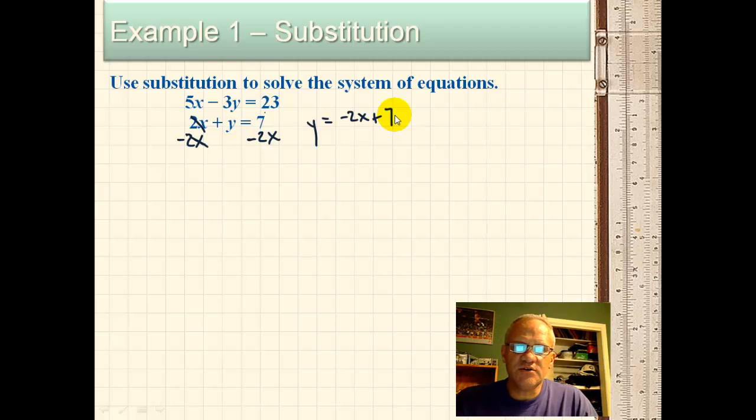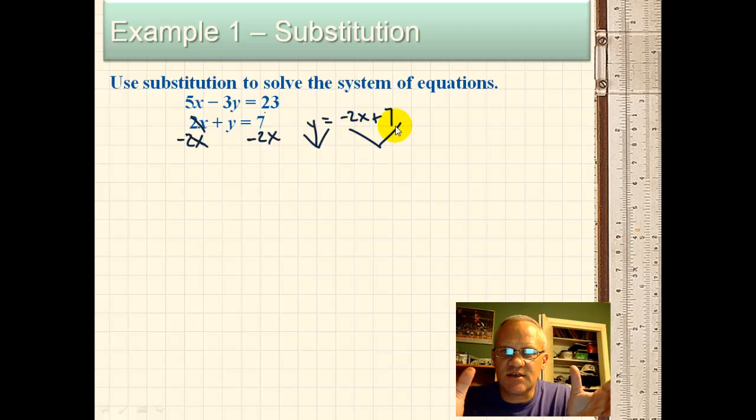All right, so here's what I'm going to do now. Since y is the same thing as negative 2x plus 7, since those things equal each other, that means that they're the same thing. Okay, so in the other equation now, notice I have 5x minus 3y.